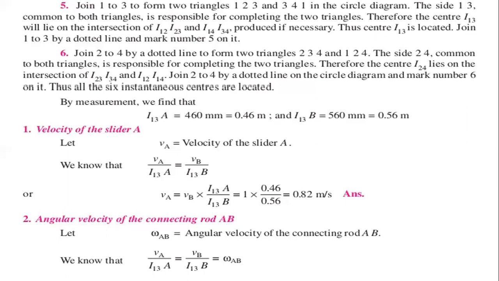Next, the side 1 3 is common to both the triangles, which is responsible for completing the two triangles. So that makes the two triangles equal to one another. Therefore, the instantaneous center of 1 3 will lie on the intersection of I12, I23, I14, I34, produced if necessary.